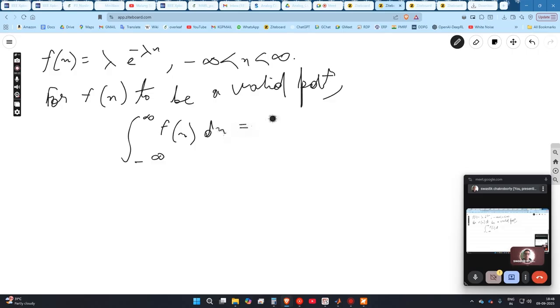What is this integration? It is basically the probability that the variable lies within its stated domain.